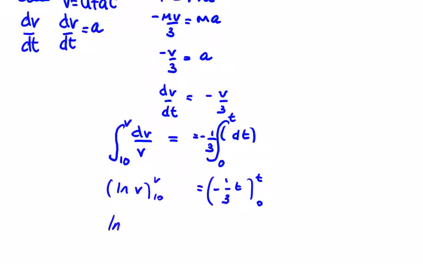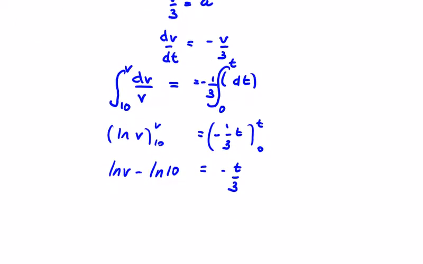So we get the natural log of v minus the natural log of 10, or log to the base e, is equal to minus t/3. So the natural log of v over 10 is equal to minus t/3.